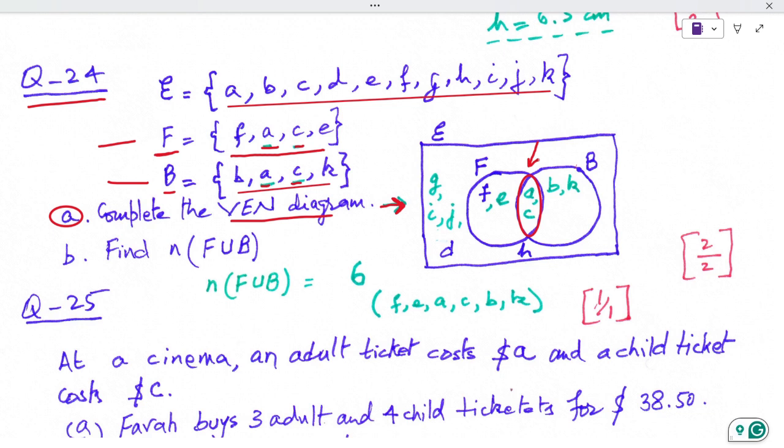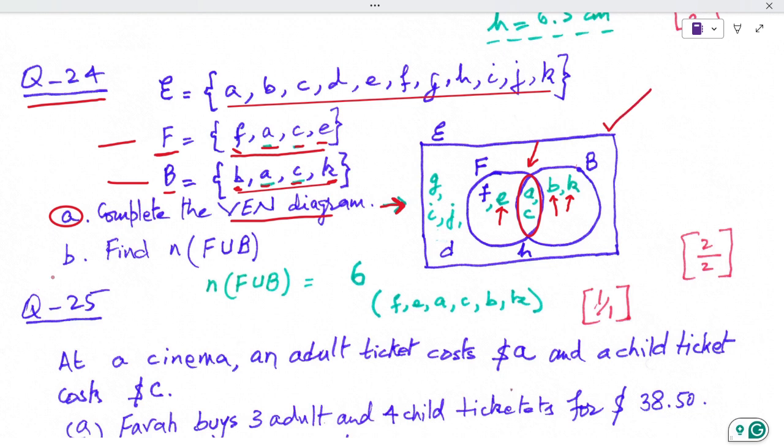For subset F, E is yet to be written, so we write down E in subset F. Similarly, in subset B, B and K are yet to be written, so we write down B and K, and our Venn diagram has been completed.